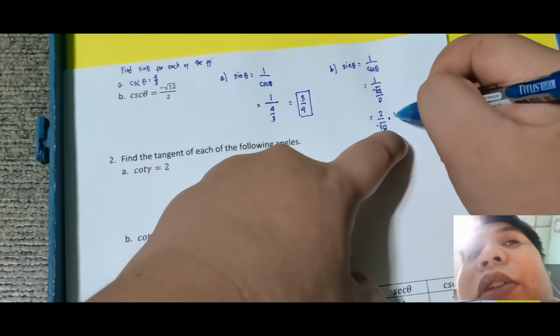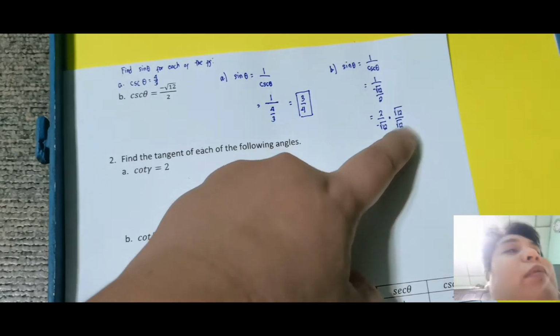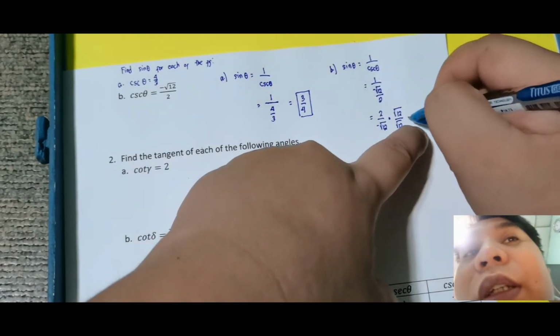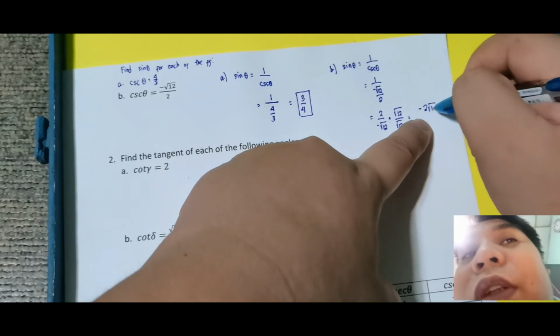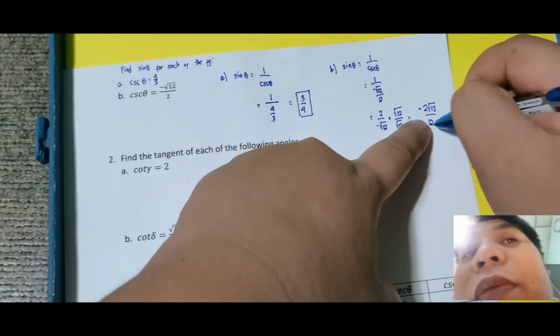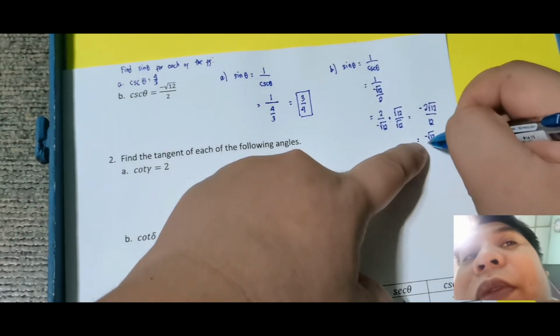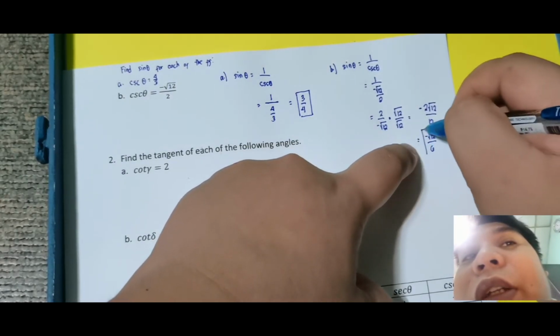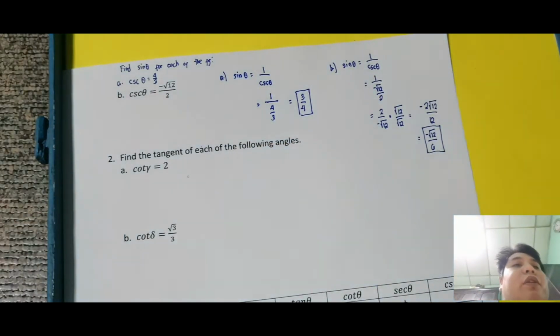So by rationalization, i-multiply natin by square root of 12 over square root of 12. Okay, and that is equal sa negative 2 square root of 12 over 12. Then simplify further, that is equal sa negative square root of 12 over 6. So ito yung value ng sin theta para dito. Okay, so ganun siya kasimple.